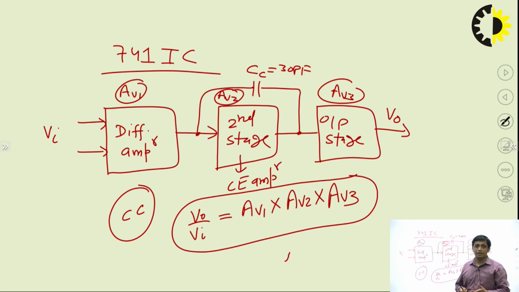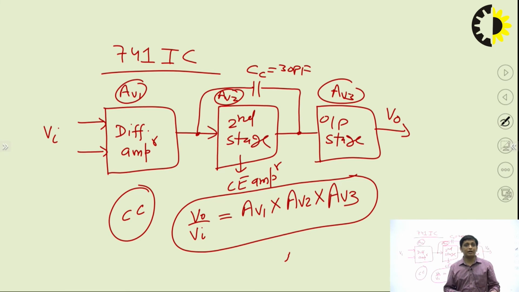It's a direct coupled amplifier. You can see that the output of the first stage is directly connected to the input of the second stage. The output of the second stage is directly connected to the input of the output stage. There are no coupling capacitors involved to interface the stages. That's why it is called direct coupled.